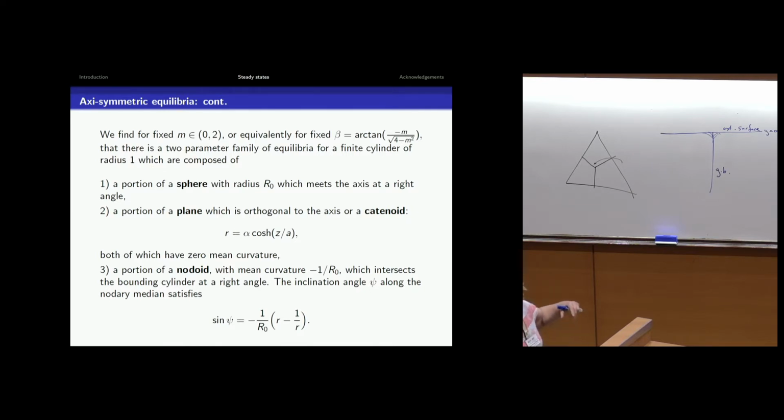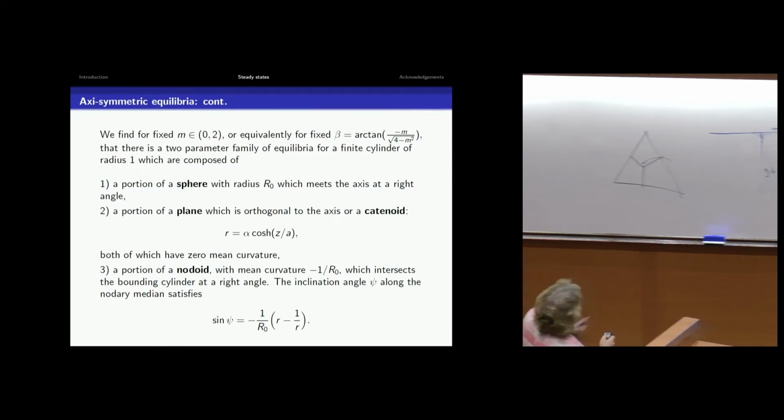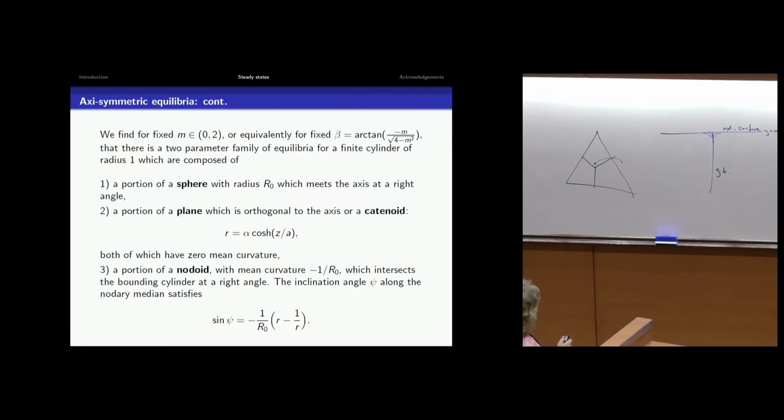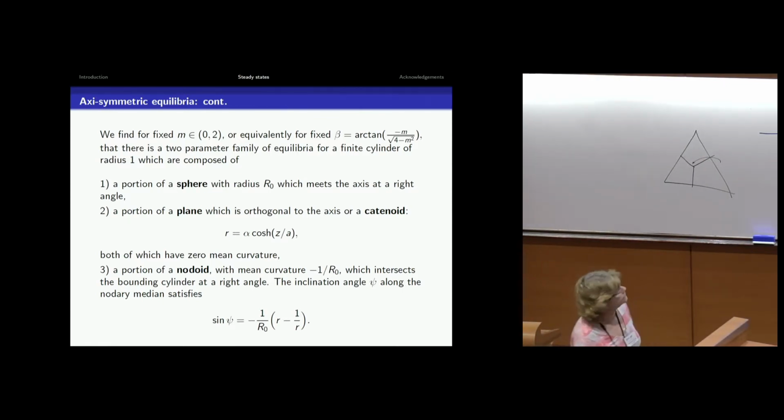This portion of the plane means that the sphere has detached from the outer ring of the nodoid. And this is your classical equation for a catenoid. Both the plane and the catenoid have this 0 mean curvature. The outer portion is this nodoid, which has mean curvature 1 over r0, the same as the sphere, so that they meet with the same mean curvature.